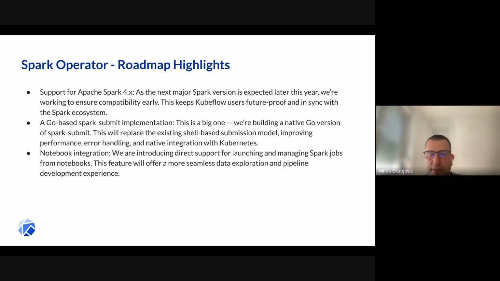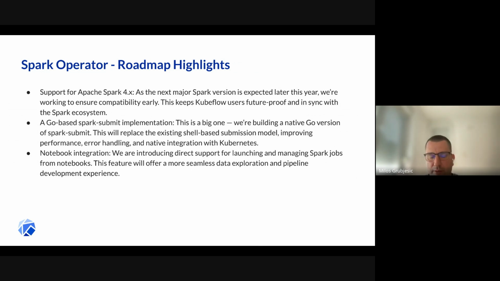Yeah, so regarding new things, Spark 4 is the most upvoted feature on the Kubeflow Spark operator GitHub page. And of course, it's very important to listen to the community. It's the most voted feature, and that's going to be a main focus for this next release.